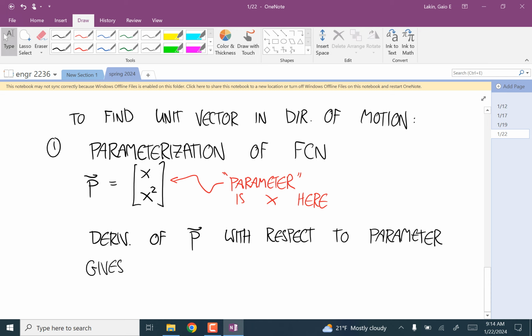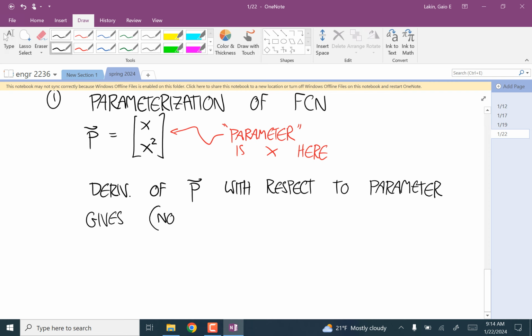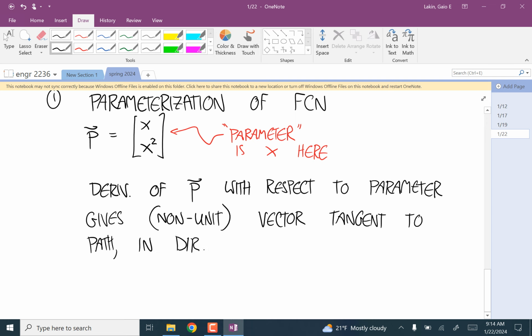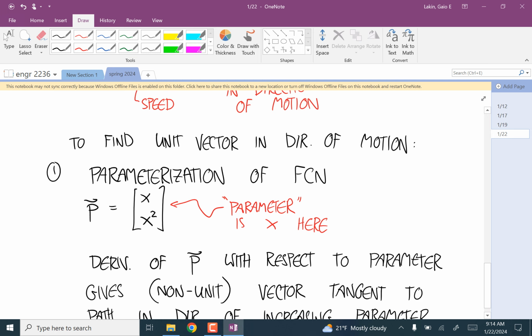It's not a unit vector yet, so I'm going to write this as: it gives a non-unit vector that's tangent to the path in the direction of the increasing parameter. So what does that mean about in the direction of the increasing parameter?